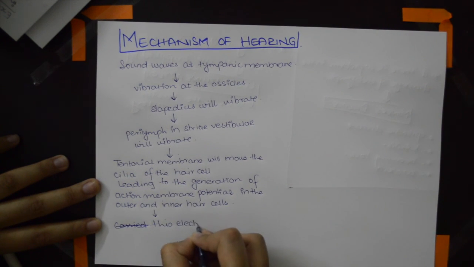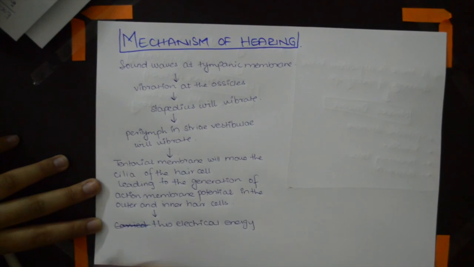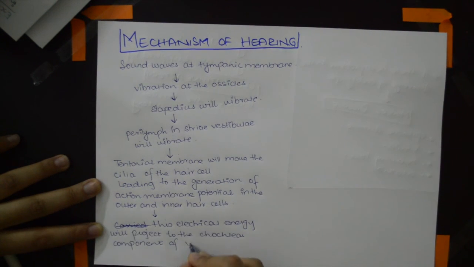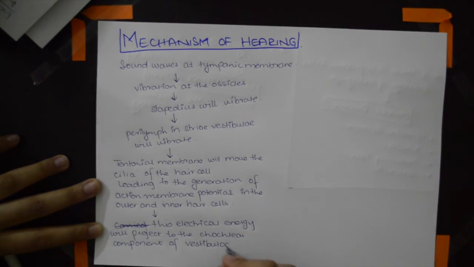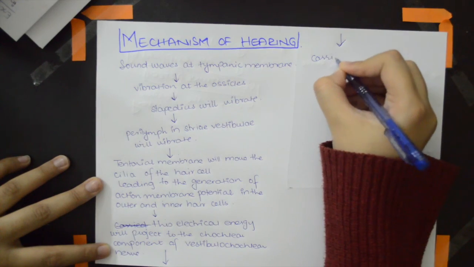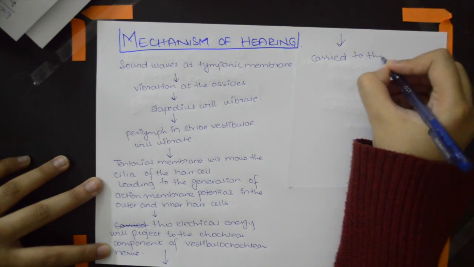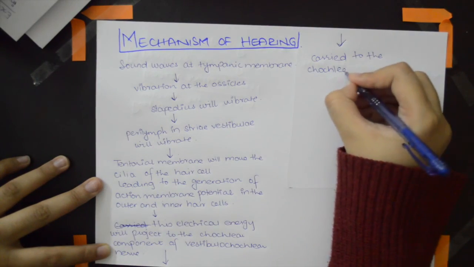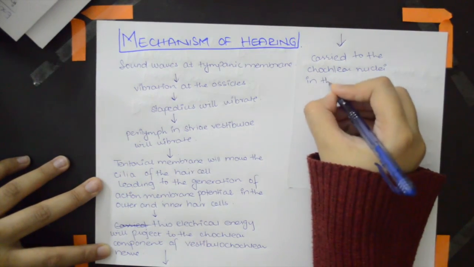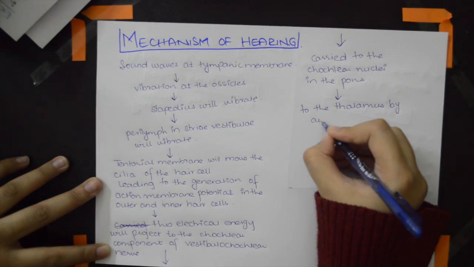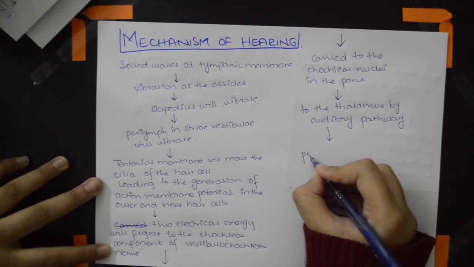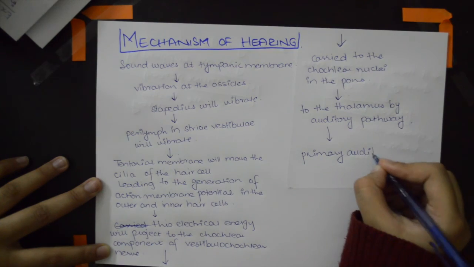This electrical energy will project to the cochlear component of the vestibulocochlear nerve. This is then carried to the cochlear nuclei in the pons and then to the thalamus by the auditory pathway and then to the primary auditory cortex.